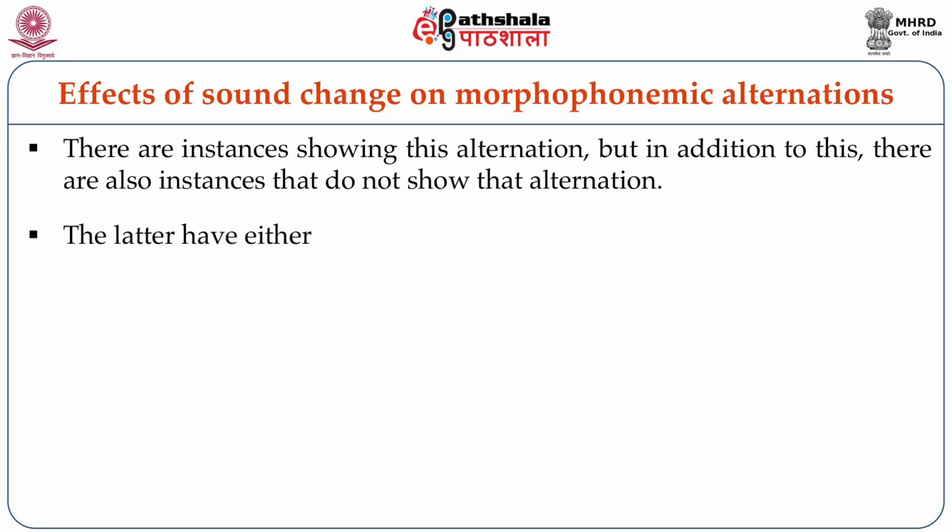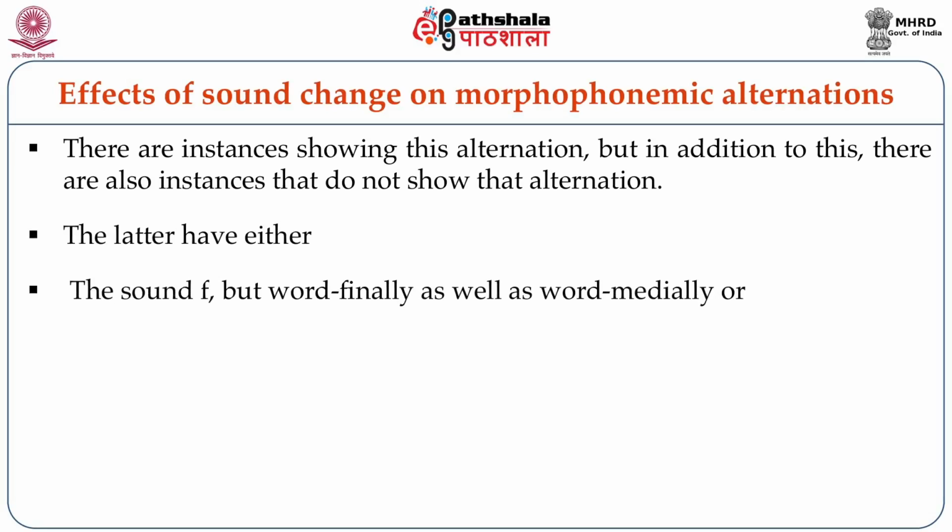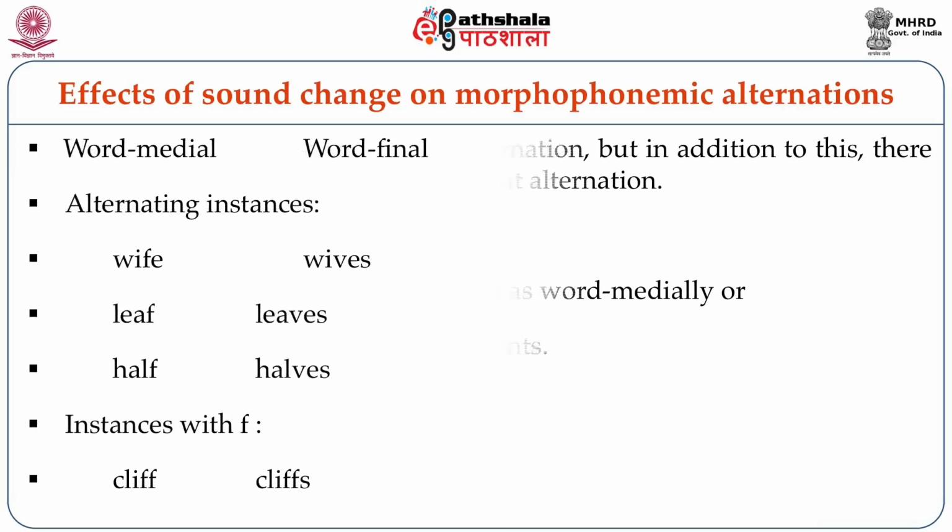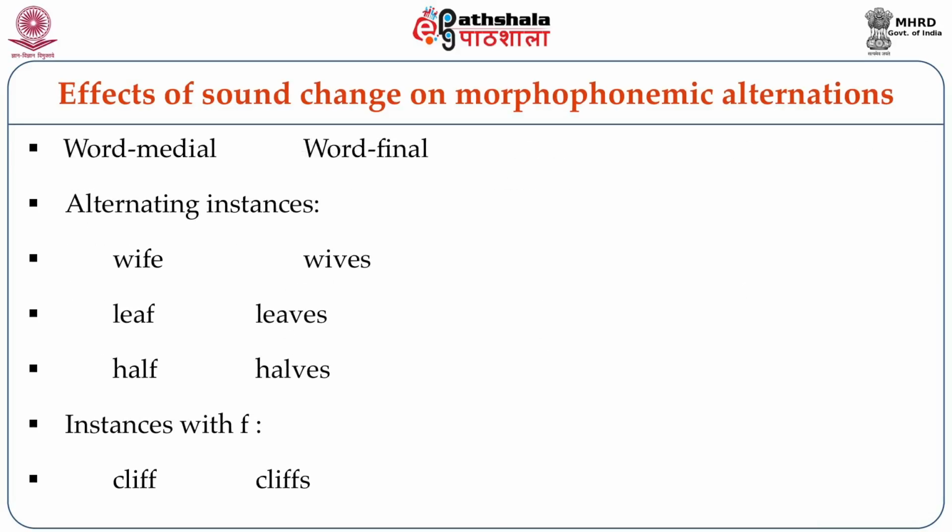The latter have either the sound f both word finally as well as word medially, or the sound v in both those environments. So some examples: wife, this is for alternating, wife becoming wives in word medial position, so we get an f/v alternation here. Leaf, leaves, half, halves, etc.